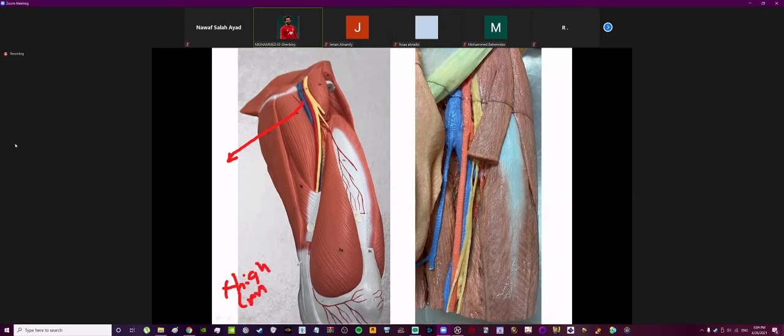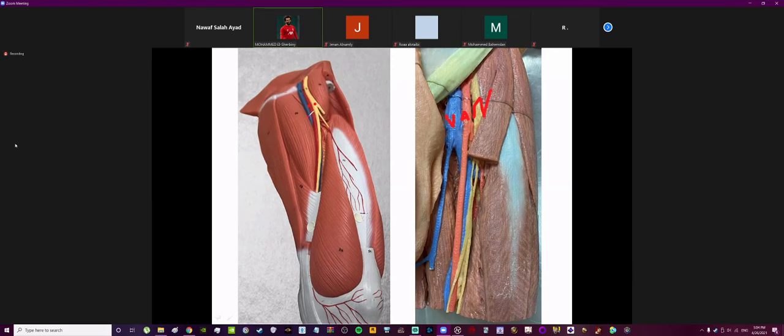So this will be the femoral vein, artery, and nerve. The medial is the vein, lateral to the vein is the artery, lateral to the artery is the nerve, the femoral nerve. So all are femoral: femoral vein, artery, and nerve.